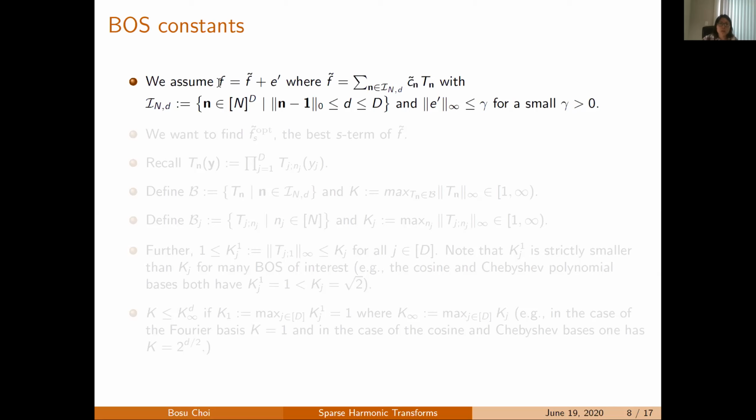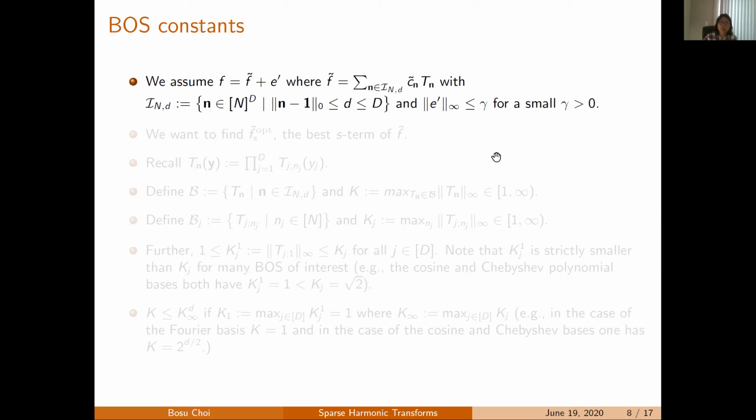We assume that this f consists of two parts, f tilde and e prime. Here, the infinity norm of e prime is less than gamma. And this f tilde is an expansion of product basis functions whose index vector n belongs to I and d. Here, this I and d is the collection of index vectors whose L0 norm is less than or equal to small d, which is less than or equal to capital D, which is the dimension.